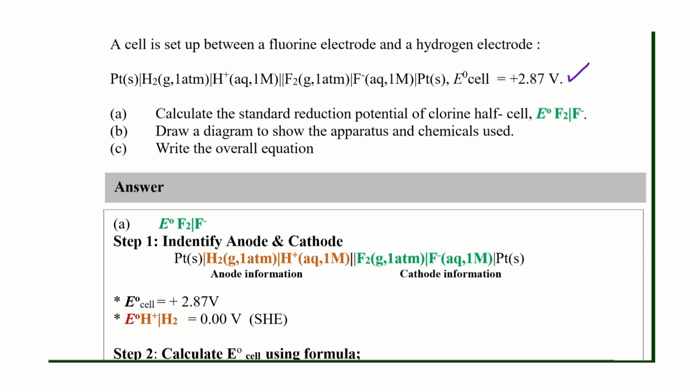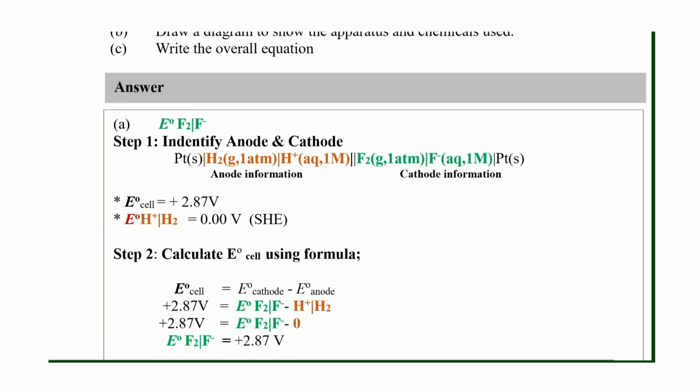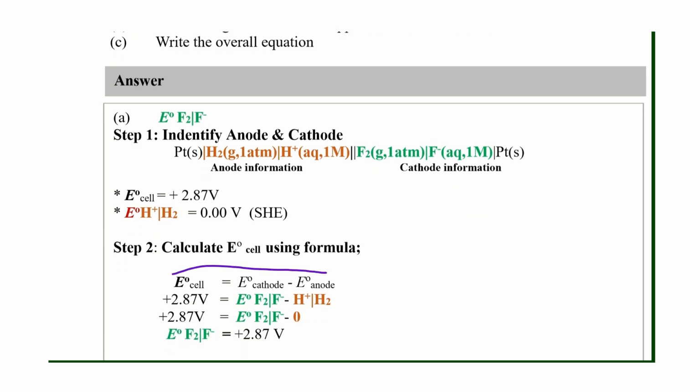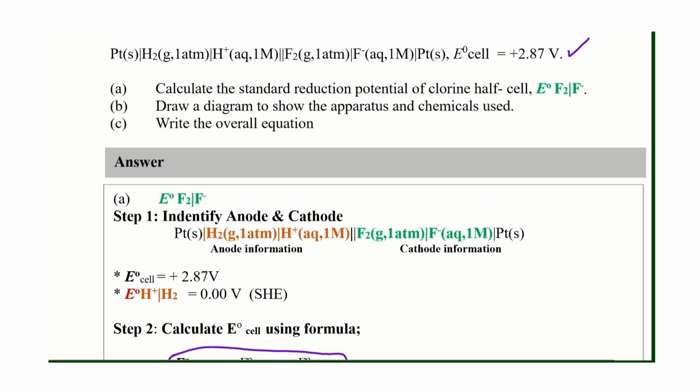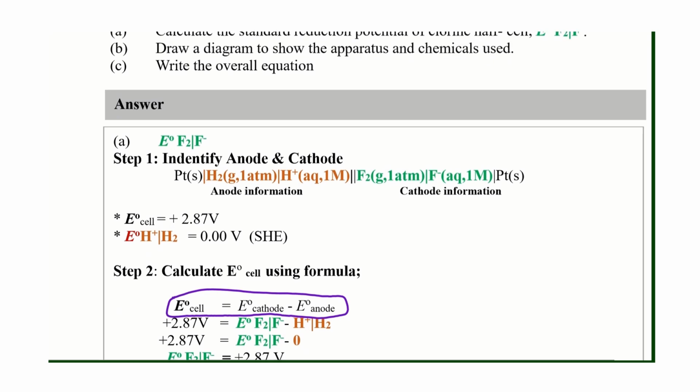A first, calculate the standard reduction potential. Using the E°cell equation, we can calculate the standard reduction potential of chlorine. According to this cell notation, the double vertical line stands for the salt bridge, with anode information at the left side and cathode information at the right side.